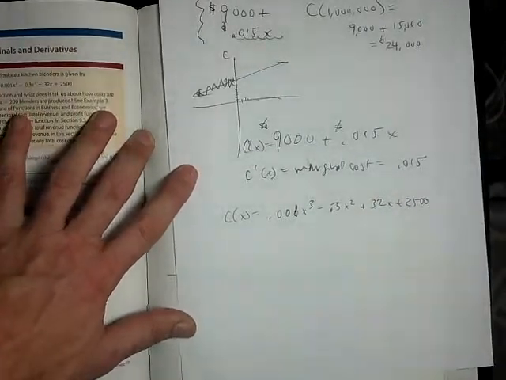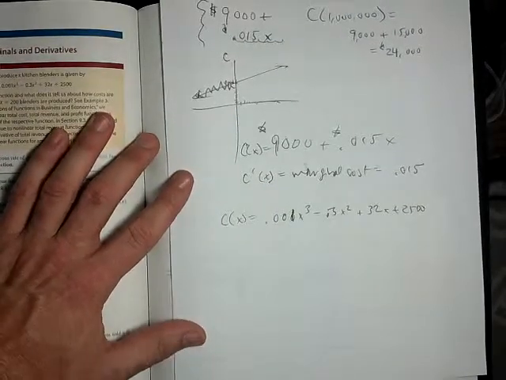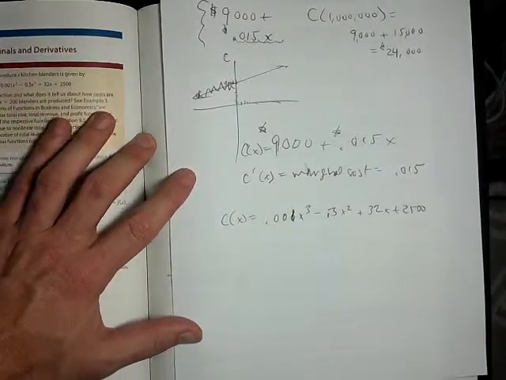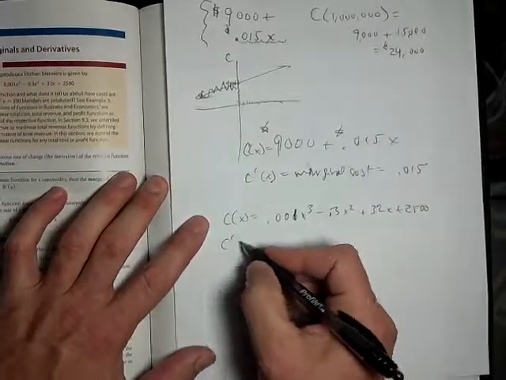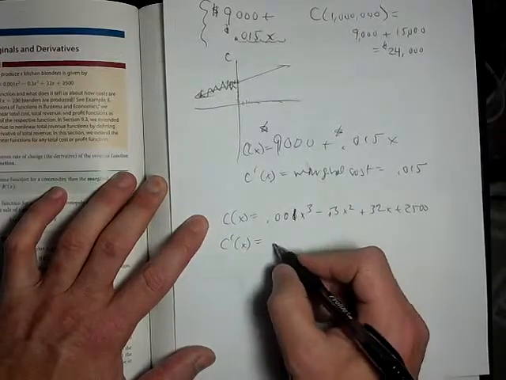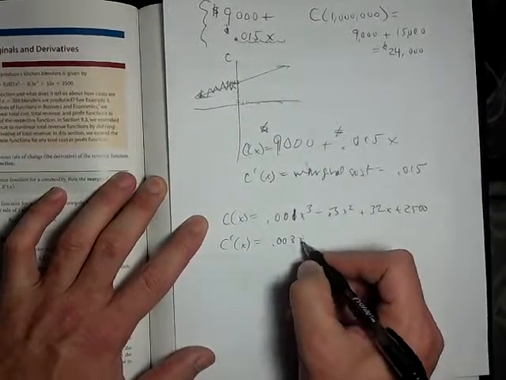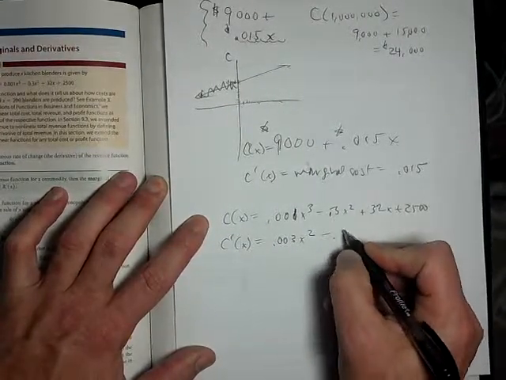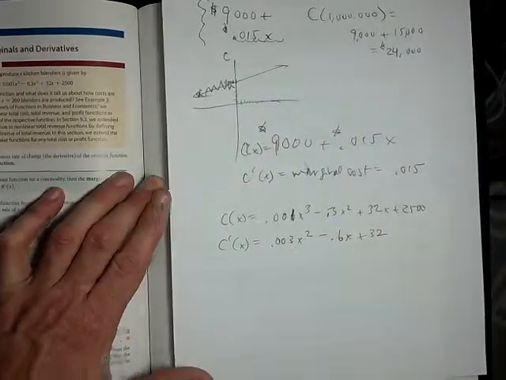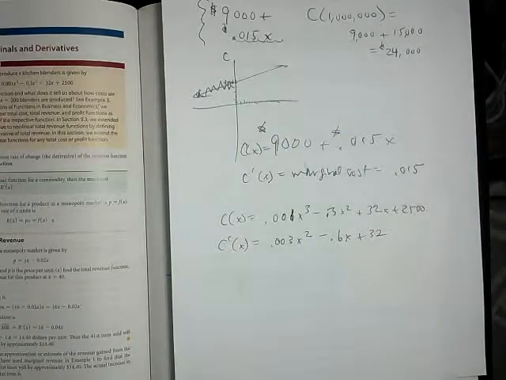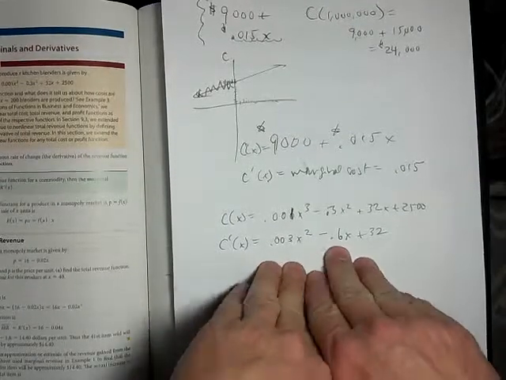And it asks you, what is the marginal cost function and what does it tell us about how costs are changing? Well, the marginal cost function is just the first derivative. So it would be 0.003 x squared minus 0.6x plus 32, and the constant goes away. So that's the marginal cost function.